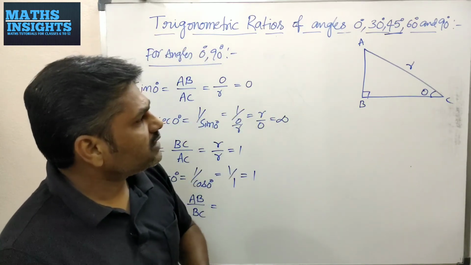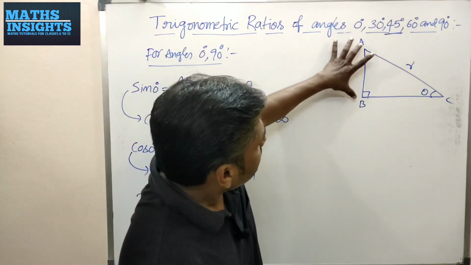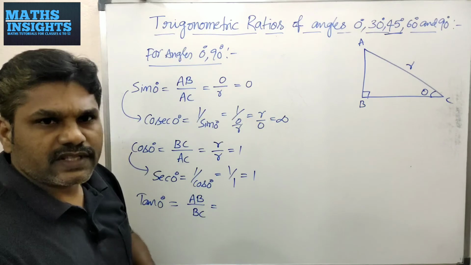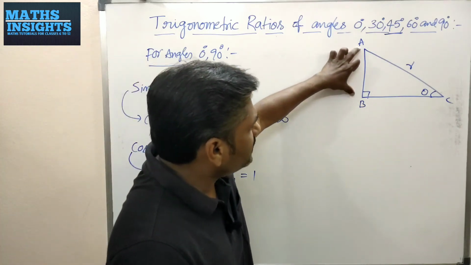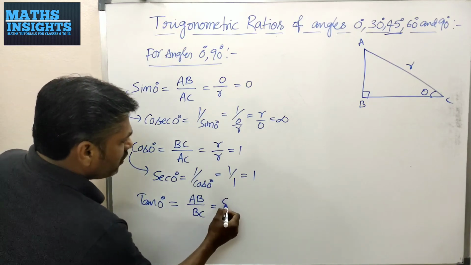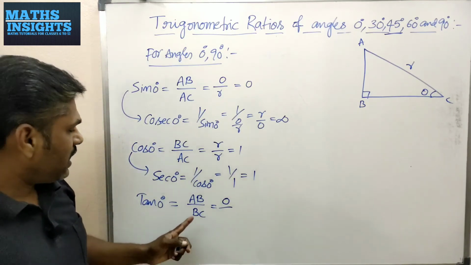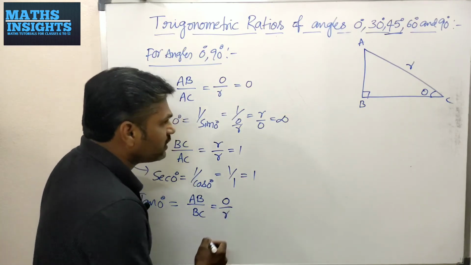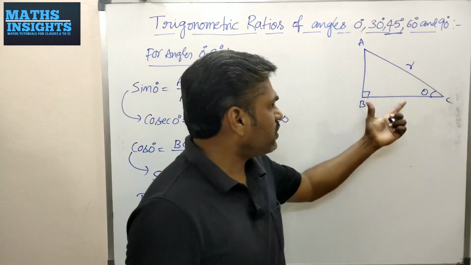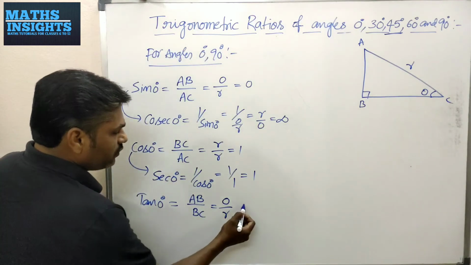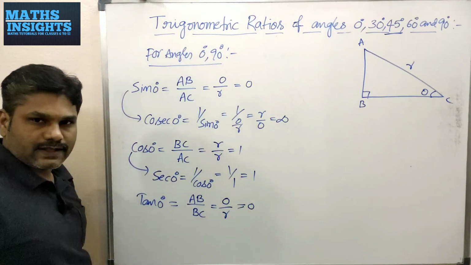Then what happens? This hypotenuse coincides with BC. Therefore the length of this side is 0. So you have to write 0 for AB and for BC you have to write r. Why? Because if this hypotenuse coincides with BC, then its length will become r. Therefore 0 by anything is 0.